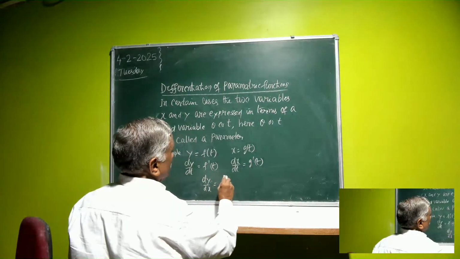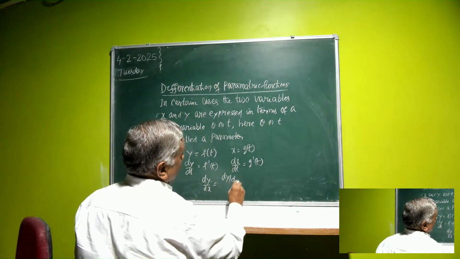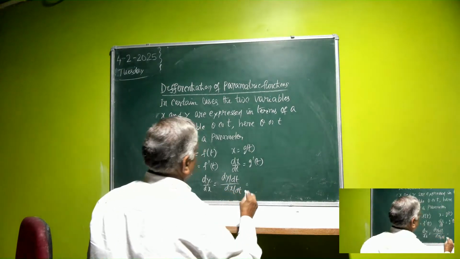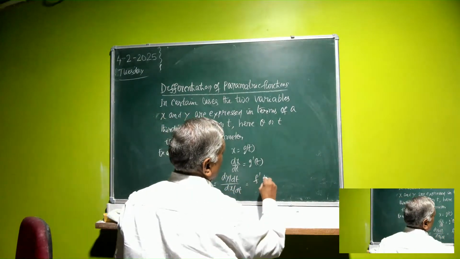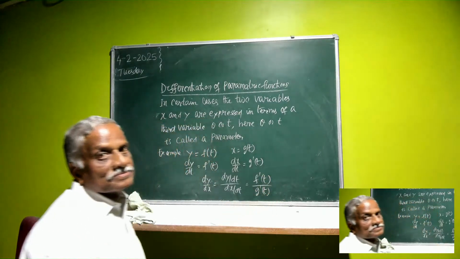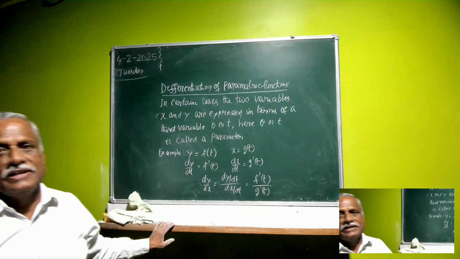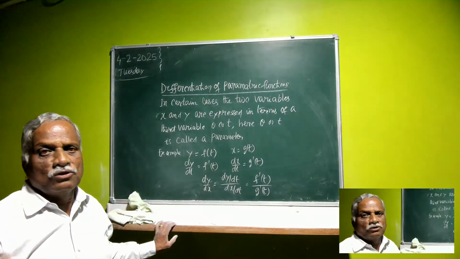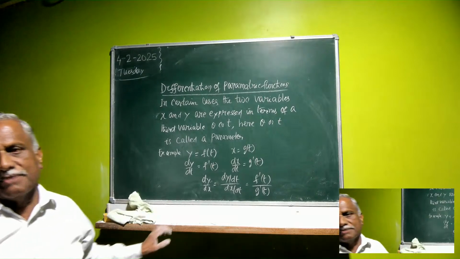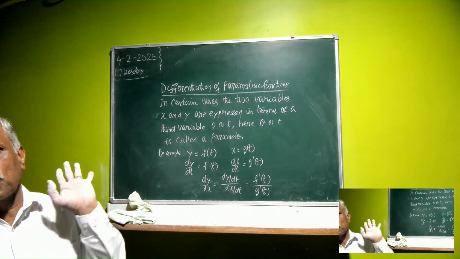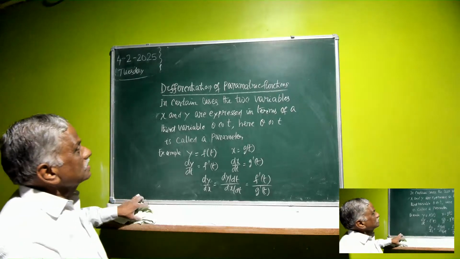This is dy by dt divided by dx by dt, that is f dash t by g dash t. Normally we use t, one of them, t or theta. Let me work, about 3 minutes are there, just one or two problems to make this concept clear.